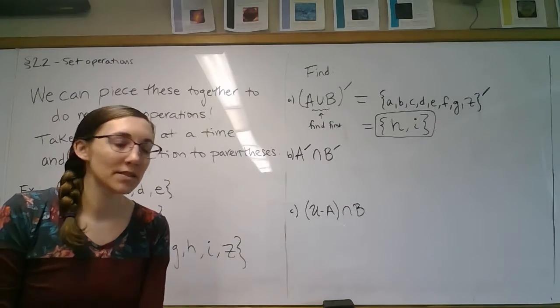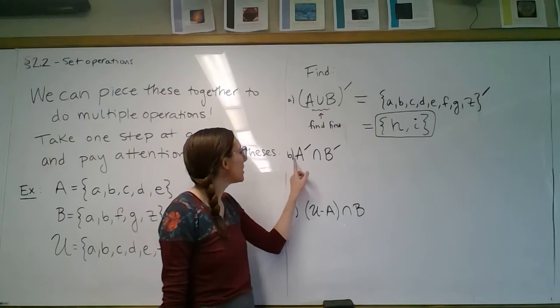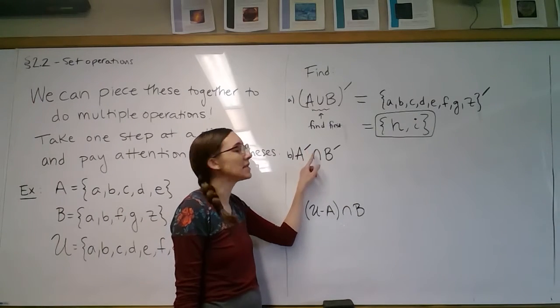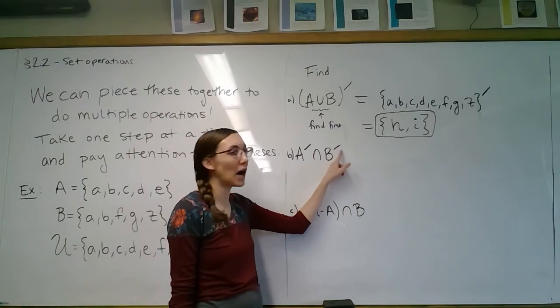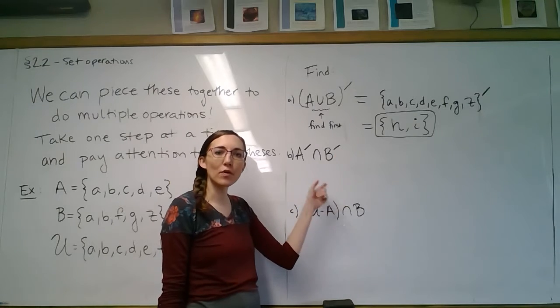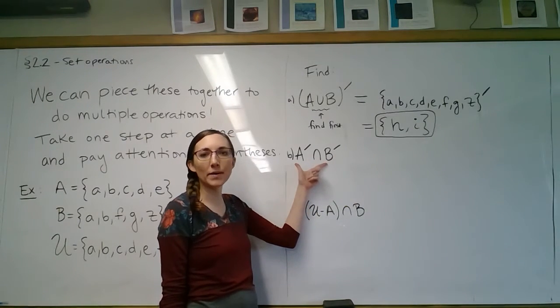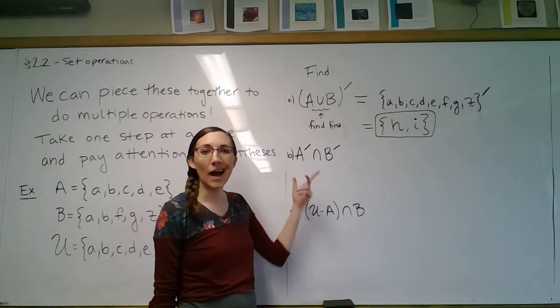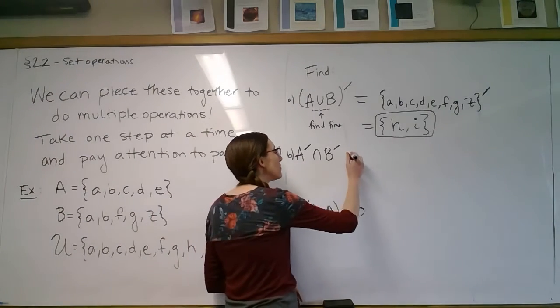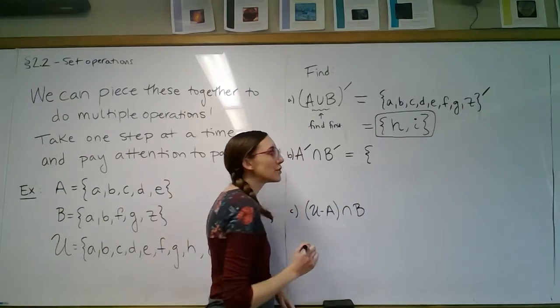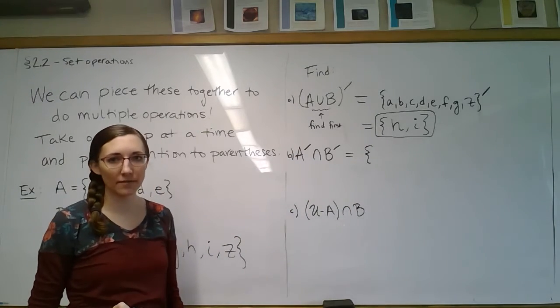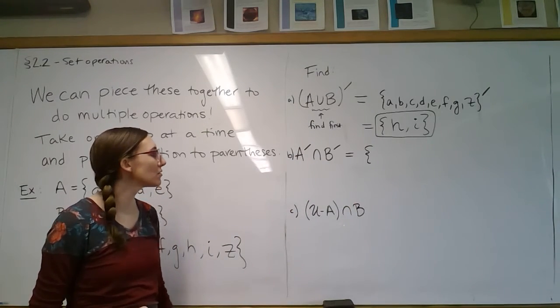This one, notice, wants us to do, let's read it in order, A complement intersect B complement. So before I'm ready to do the intersection, I have to do A complement and B complement. I have to know what sets those are in order to do the intersection of them. So let's take a look at those complements.